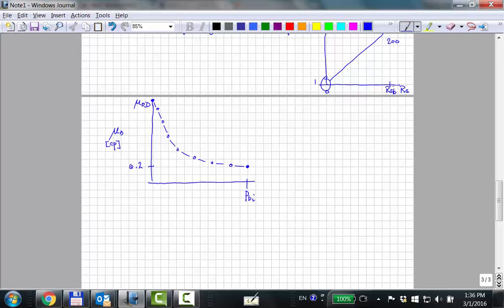So this is the oil viscosity, and it's basically increasing because the gas is coming out of solution. Okay?